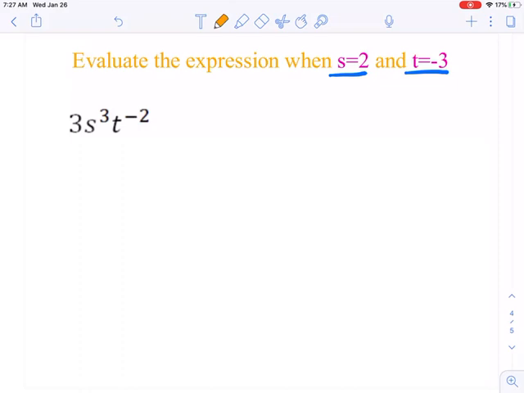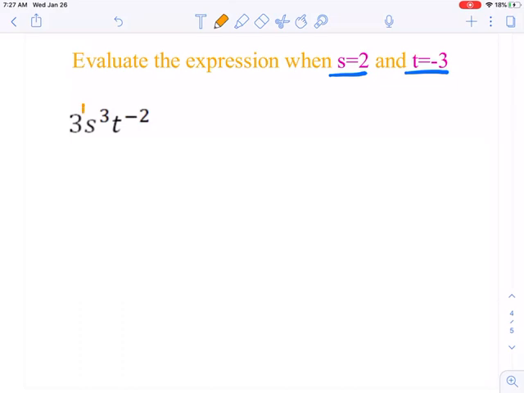Before I do that, I would look through and simplify it just like I was doing previously on the other examples. Before I plug things in, I think that makes things so much easier. So as I go through, it looks like I have 3, raised to the first power, so the 3 gets to stay.